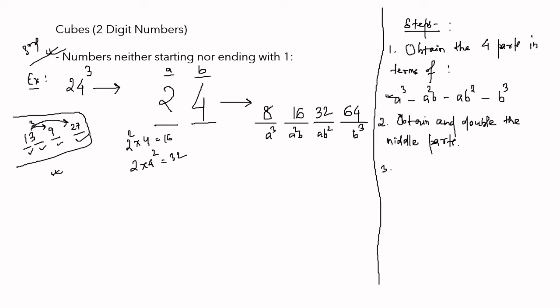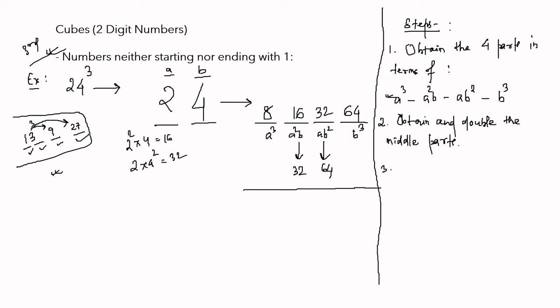I've already explained this concept, so I won't be going deeper into it. In this case, the middle parts are 16 and 32. We have to just multiply them by 2 since we have to double them. So if 16 gets doubled, it becomes 32, and 32 becomes 64 if doubled.